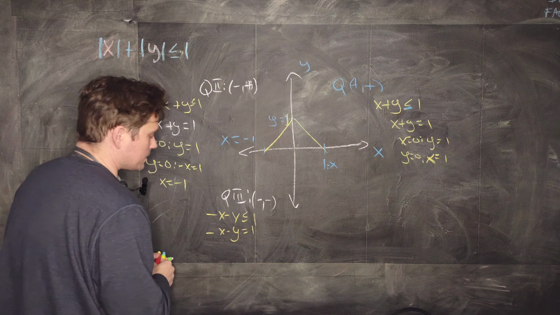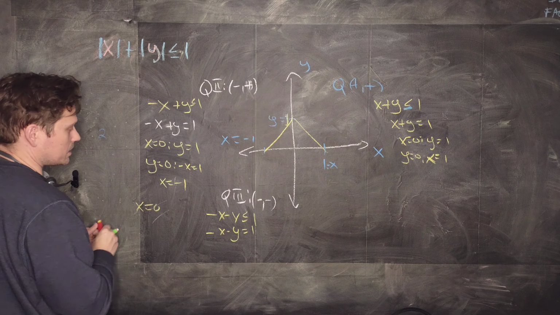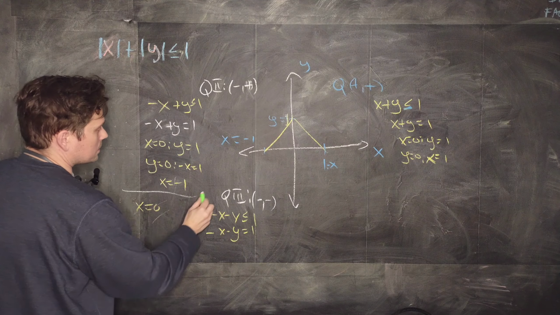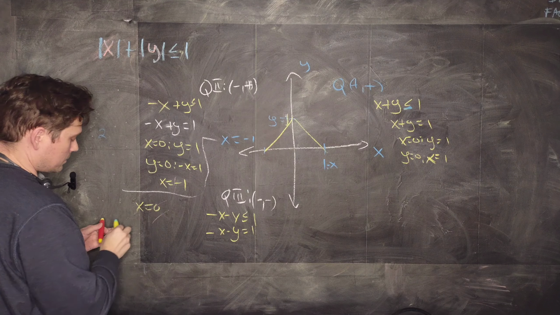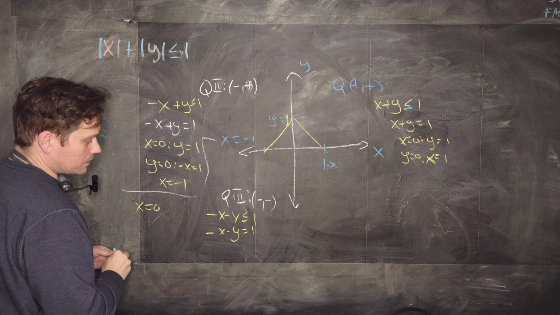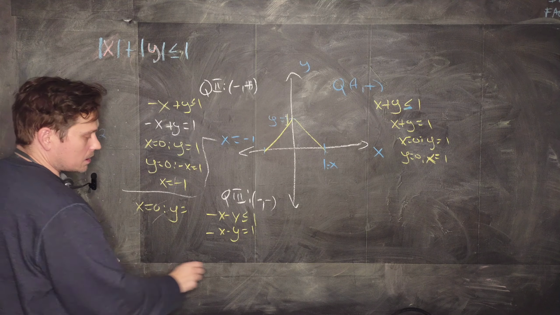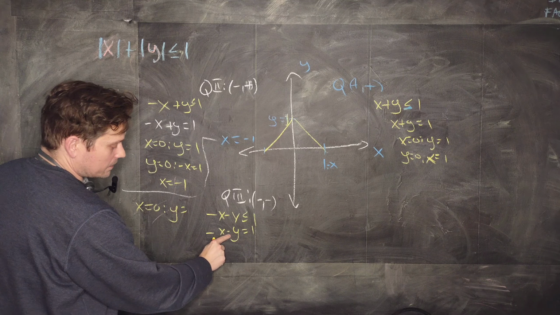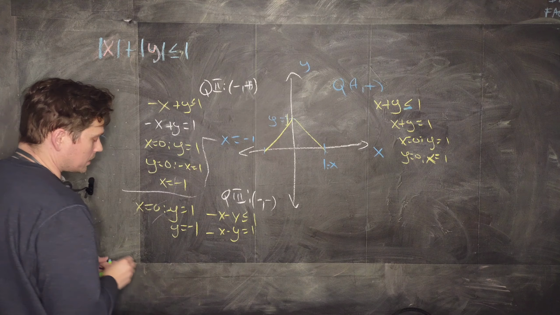Again, solve by intercepts, the standard process. So when x is 0, hold on, let me separate this off. All right, so this is like this. Okay, so when x is 0 here, what's left over for y? Well, plug it in. When x is 0, you have negative y equals 1. So that means y is equal to negative 1.